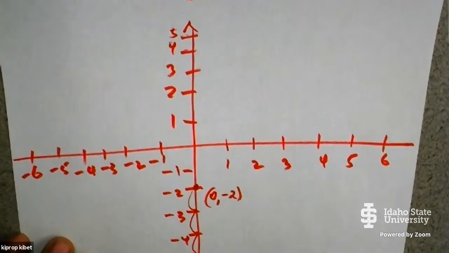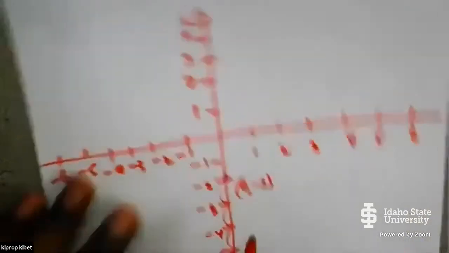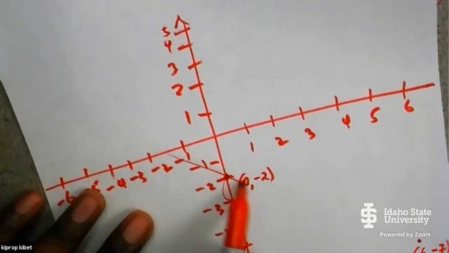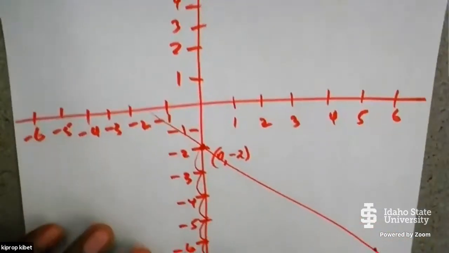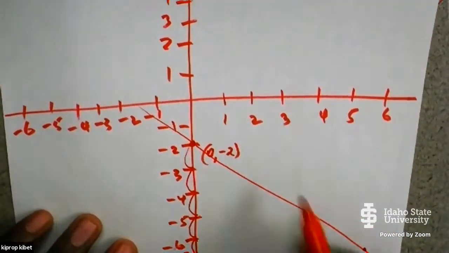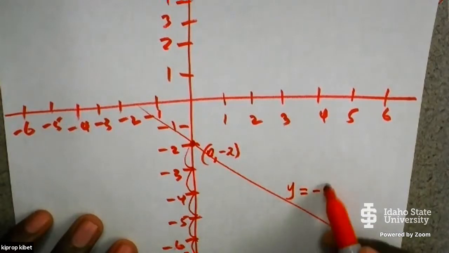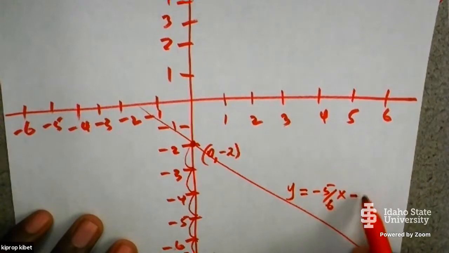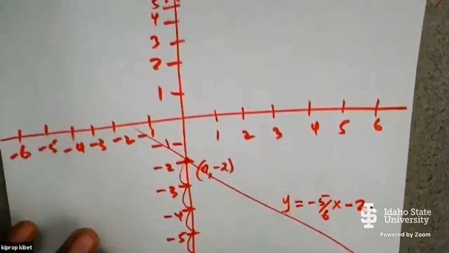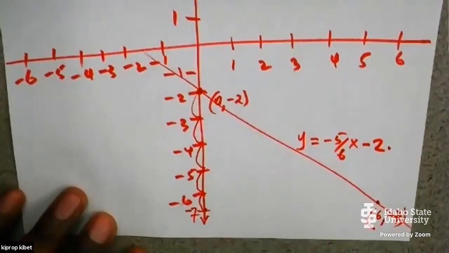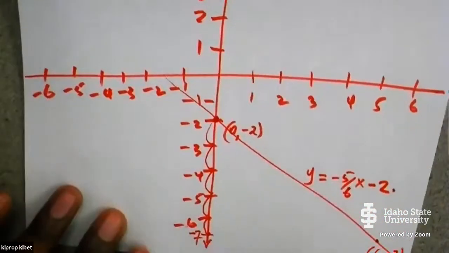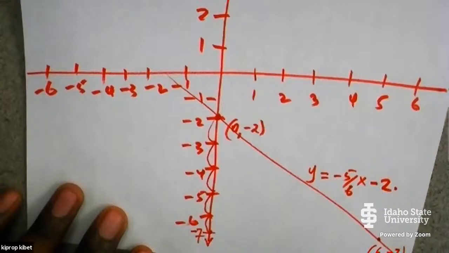So this point will be what? 6 and -7. And then we draw a straight line. This line is equal to -5 over 6 x minus 2. Just like that. Simple, right?